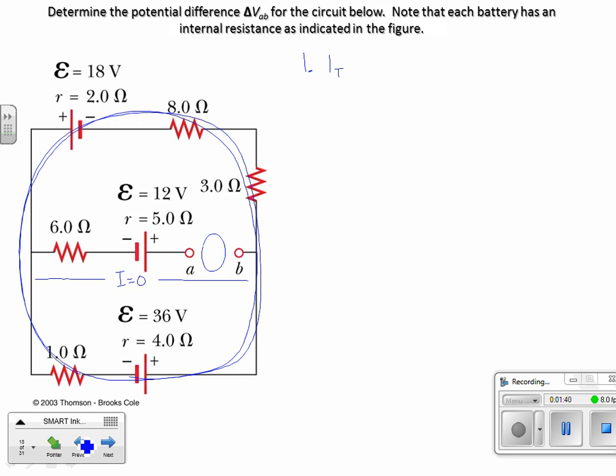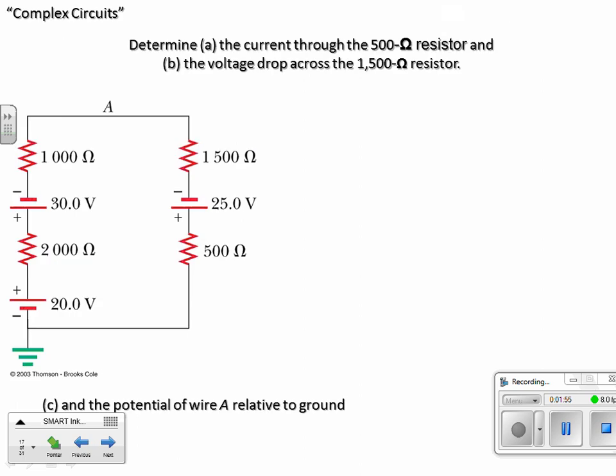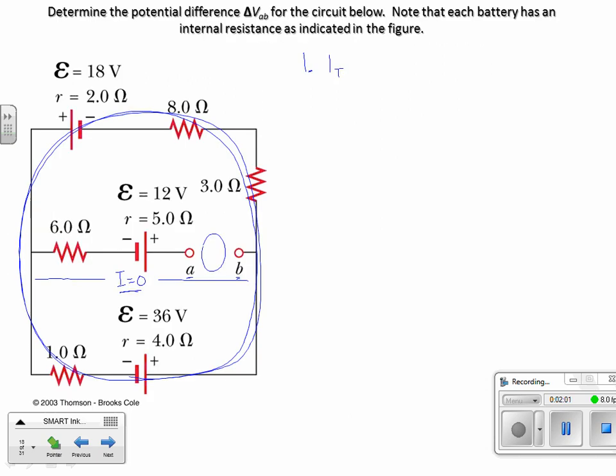So for everybody, we want to find the potential difference between point A and point B. Remember, no current in this middle branch. And use this as a reference. Even though we're not talking about relative to ground like we did here, we're talking about the difference between the potential at 2 points.